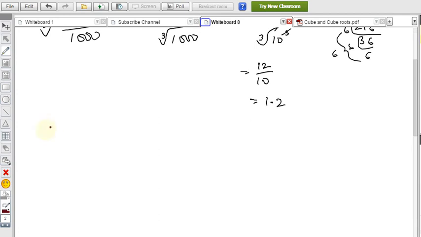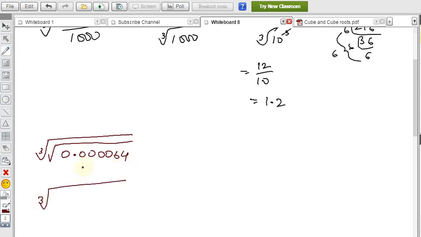The question: cube root of square root of 0.000064. First the square root of this value: after the point there are 6 digits, that means 64 by 1 followed by 6 zeros.